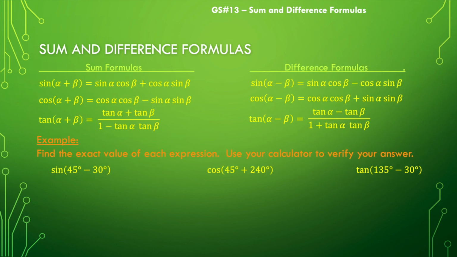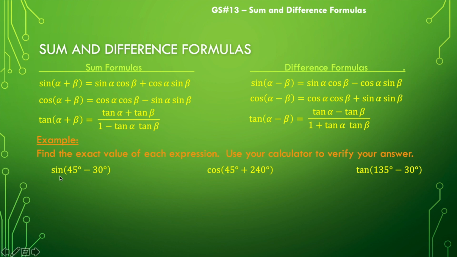I've condensed these so we can look at them, but we're going to start off pretty easy, and we're going to find the exact value of each of these expressions. And then it's always good to verify that we have the right thing by using our calculator. For this first one, I want to examine what I have.